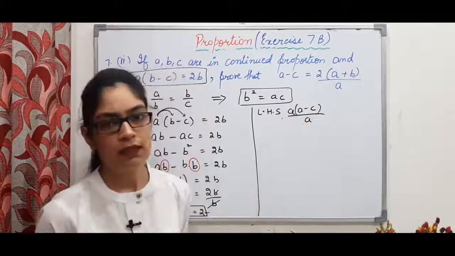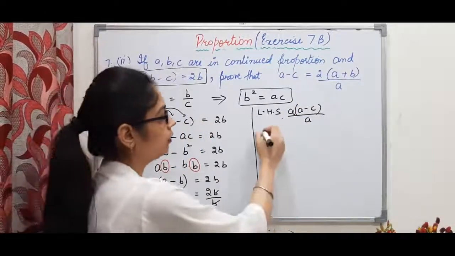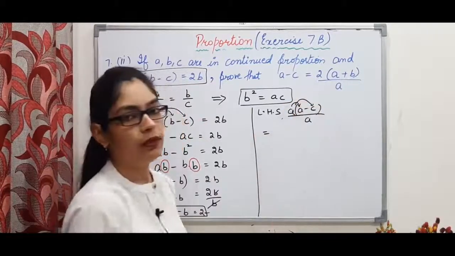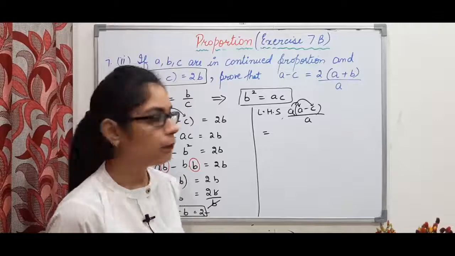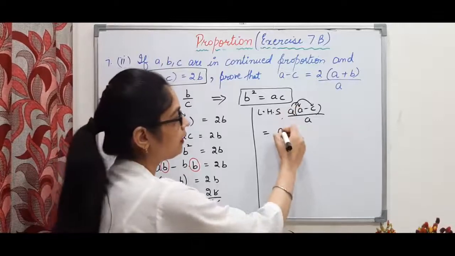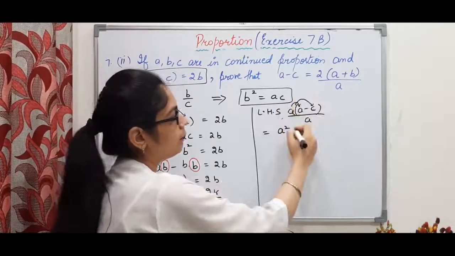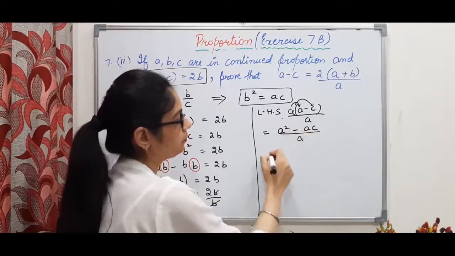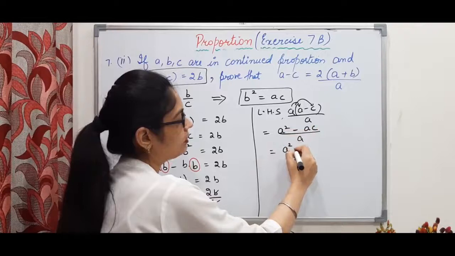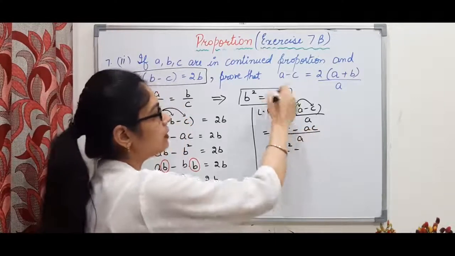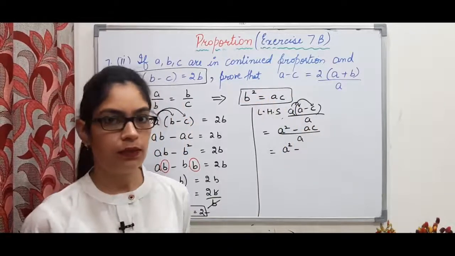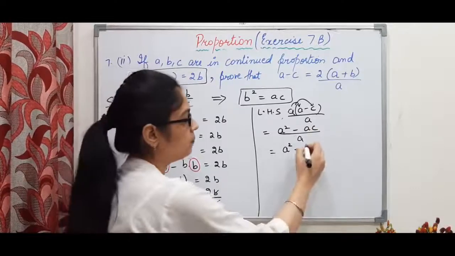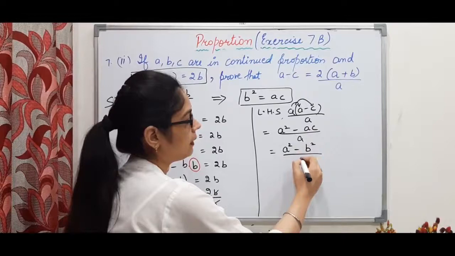A minus c individually we cannot solve. Now this a is written outside the bracket, so it has to be multiplied by both the terms: a into a is a square, minus sign as it is, a into c is ac, by a. Now a square minus ac is equal to b square, it is given to us. So again we will substitute the value of ac as b square, by a.